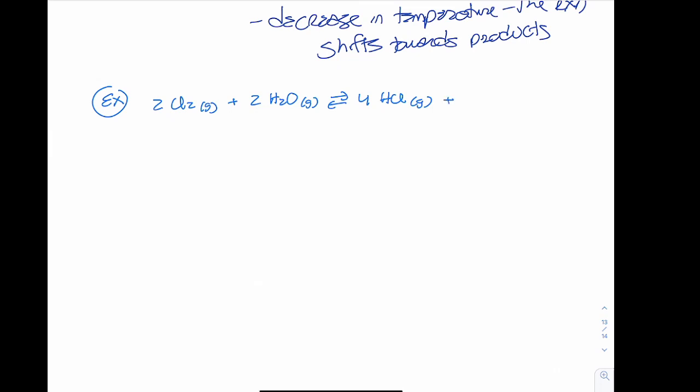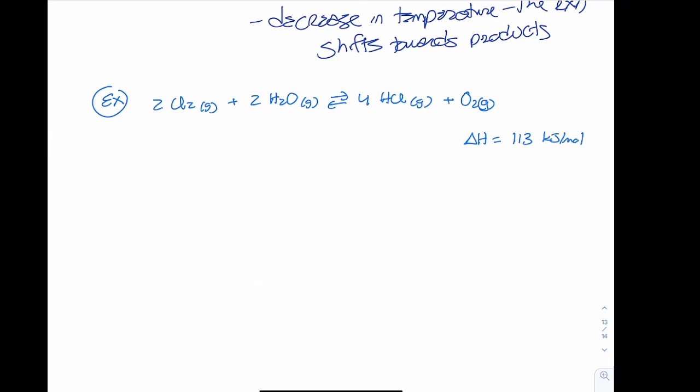Right, it has to be aqueous to be hydrochloric acid, plus oxygen, which is also a gas. And then we're told that our enthalpy change for this reaction is 113 kilojoules per mole.